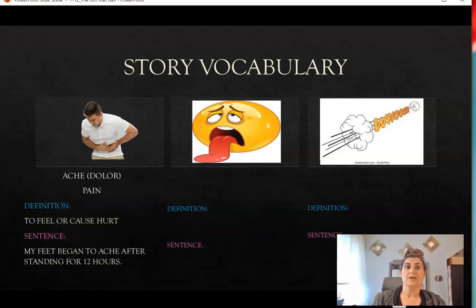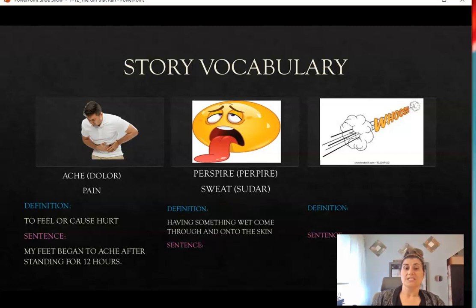Okay, the next word is perspire. This is just a fancy way of saying when someone is sweating. Okay, so if you're sweaty and you're kind of gross, you are perspiring or you've perspired. The easiest way to define this is having something wet come through and onto the skin.